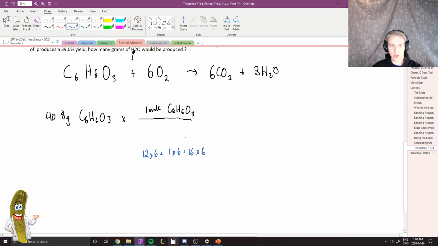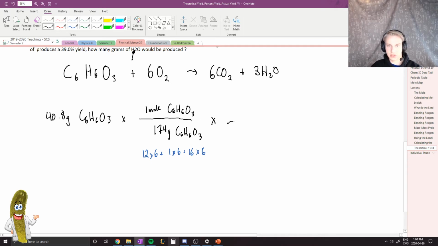So 12 for the mass of carbon, and there's 6 of them. 1 for the mass of hydrogen, and there's 6 of them. And then 16 for the mass of oxygen, and there's 6 of them. And then you get a total molar mass there of 174 grams of C6H6O3. Similar to what we've been doing all throughout this class.